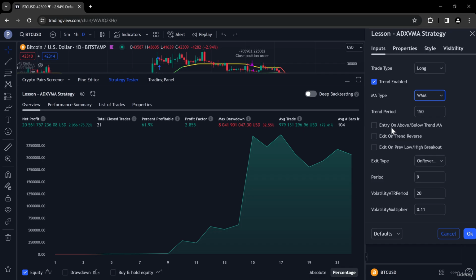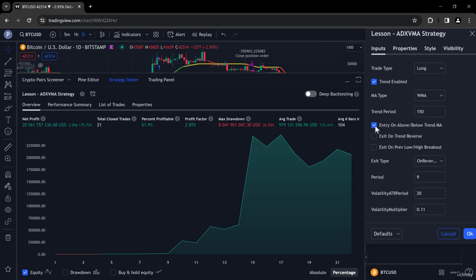The next parameter is entry on above below trend MA. When this parameter is enabled, only the trades that are above or below the trend moving average, depending on direction, will be taken.